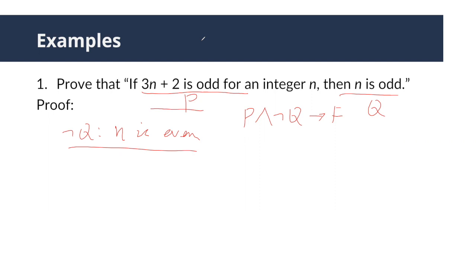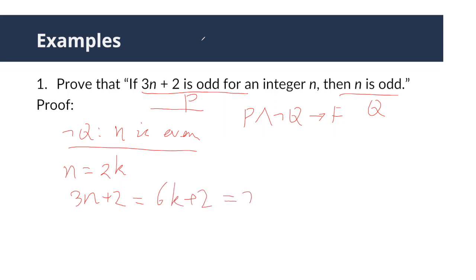So these are the two premises we currently can assume to be true. Let's see how we can derive a contradiction. Since n is even, we know n is equal to 2 times k, where k is some integer. Then let's substitute n equals 2k into 3n plus 2. It's equal to 6k plus 2.